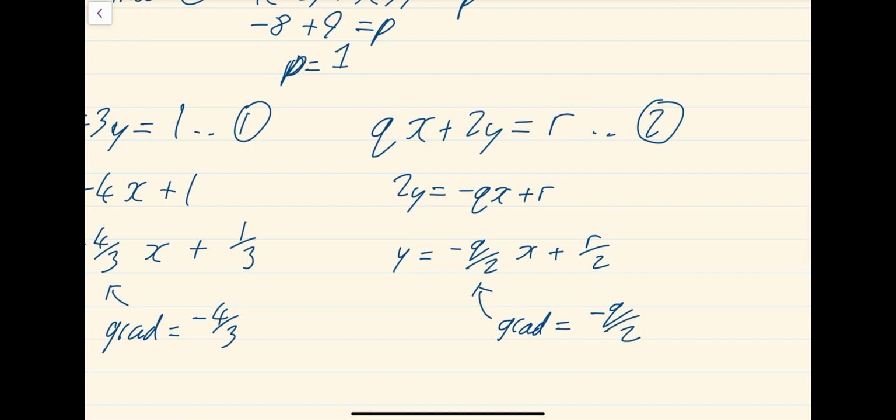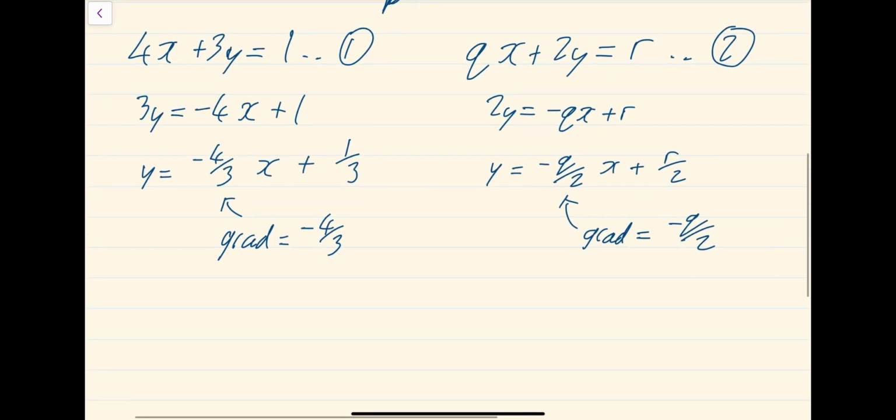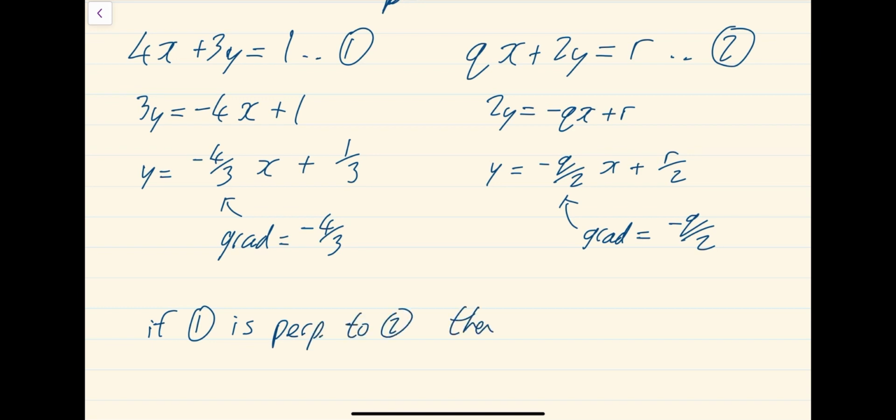Now, it tells you these two lines are perpendicular. So if one is perpendicular to the other, then their gradients are going to be the negative reciprocal of each other. So that means you can say that minus q over 2 is going to be equal to the negative reciprocal of that.